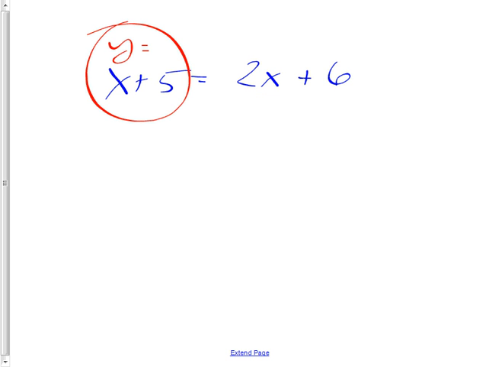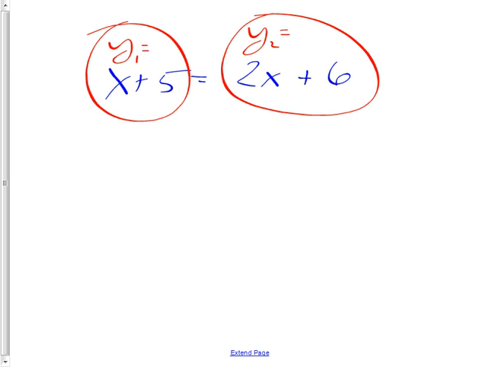So if I have an equation as simple as x plus 5 equals 2x plus 6, I can find out what the answer to that equation is by graphing both sides of the equation. Graph this side as a y1 and then graph this side as y2.